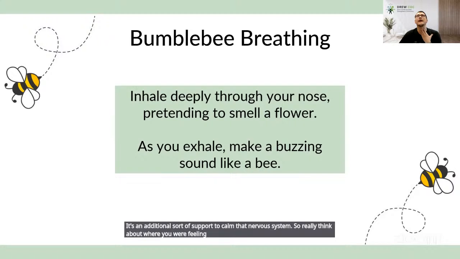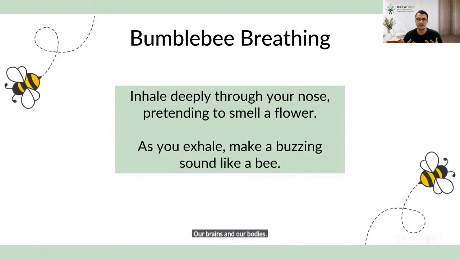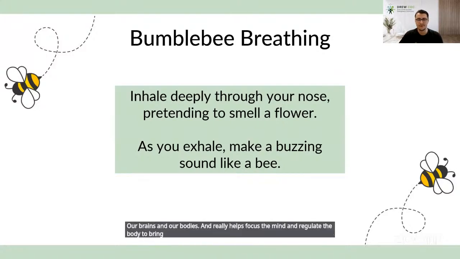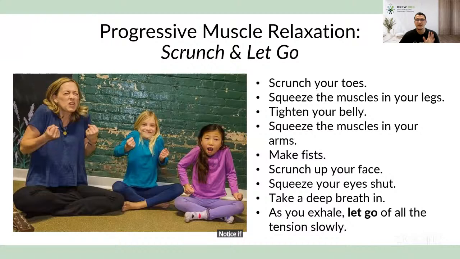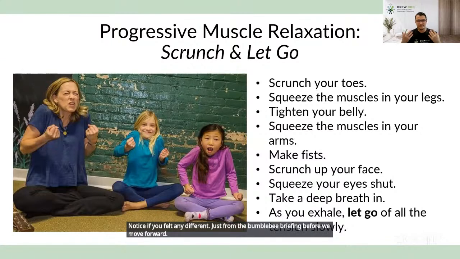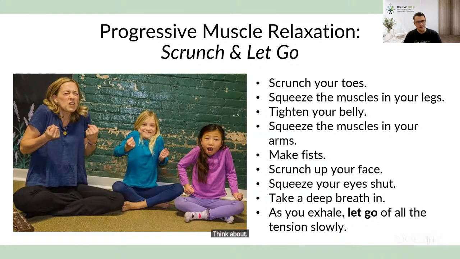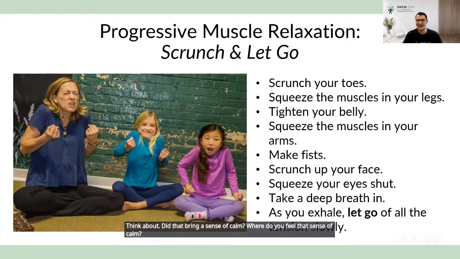You may have felt the humming in your neck area, in your chest, but all of that is working to calm our brains and our bodies and really helps focus the mind and regulate the body to bring that sense of calm. So as we move into progressive muscle relaxation, notice if you felt any different just from the bumblebee breathing before we move forward. Think about, did that bring a sense of calm? Where do you feel that sense of calm, if any?